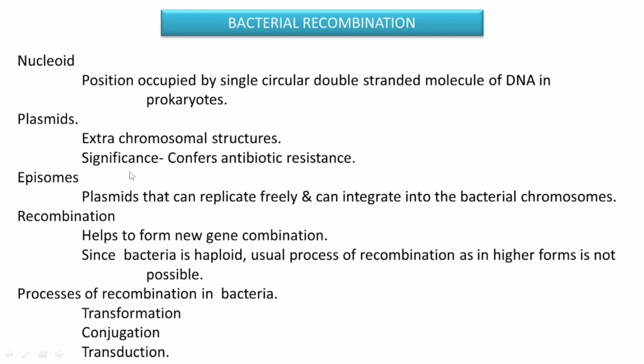Some important genes are located in this extrachromosomal structure, and those genes give the bacteria antibiotic resistance. Because of the presence of specific genes in the plasmid, that bacteria becomes resistant to certain antibiotics. That is the significance.